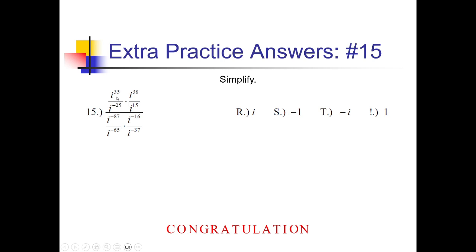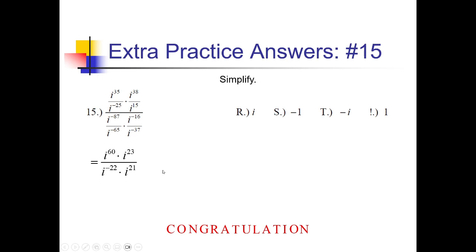That's going to be 60, i to the 60 there. And then here we have 38 minus 15, so that's i to the 23rd. Lower left, this is negative 87 plus 65, so that would be negative 22. And then finally we have negative 16 plus 37, subtracting negative 37. So that's going to be 21 for that one.